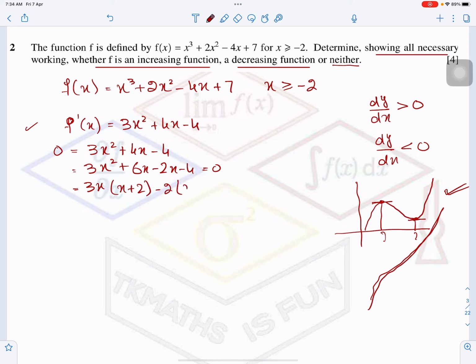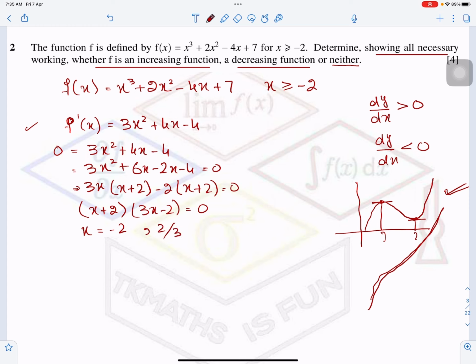I'm sure all of you are aware of this method because this is something you learn in grade 9, so I'm not going into very basic things. There are certain prerequisites we have taken, as the students would know this. So basically, I get 2 values of x, minus 2 and 2 upon 3.